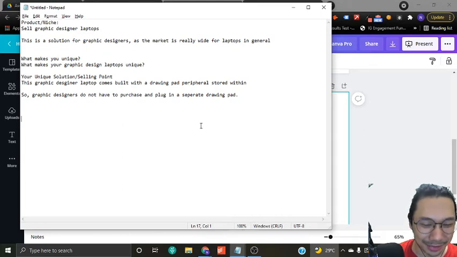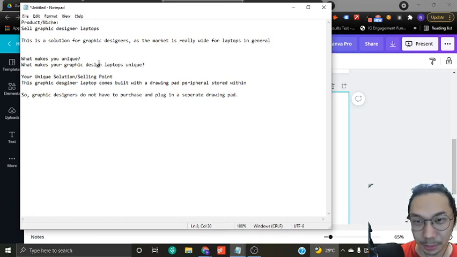I know it's specifically for graphic designers, but what kind of graphic designers? Graphic designers that need drawing pads and probably do not want the hassle of buying another drawing pad and plugging it into their laptop, because it makes their table a mess. And lucky that you can't see my table because it's a mess, but that's beside the point.